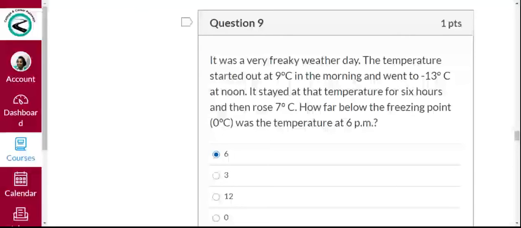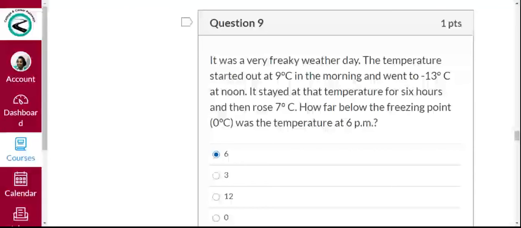Okay, now, so it stayed that way until noon. And then at that temperature for 6 hours, it rose 7 degrees. So you went up 6. And, oh, it said, did it go? Oh, no, it rose up to 7 degrees. Okay?